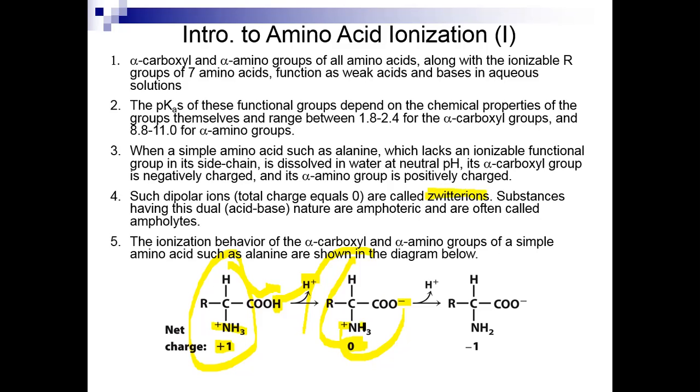After losing one hydrogen from the amino group, the amino acid will have a negative charge on it. So there will be a net charge of minus one when one proton is released from the amine group.